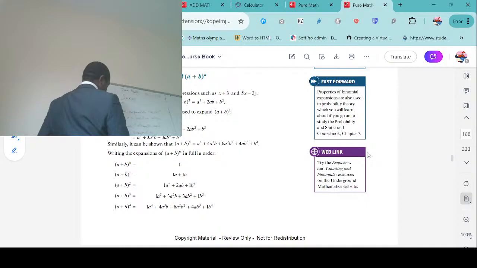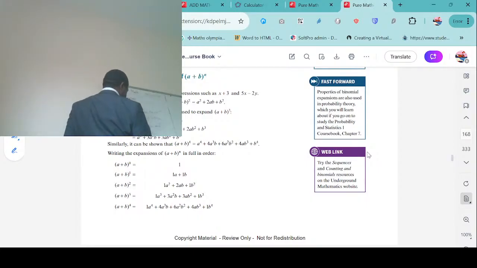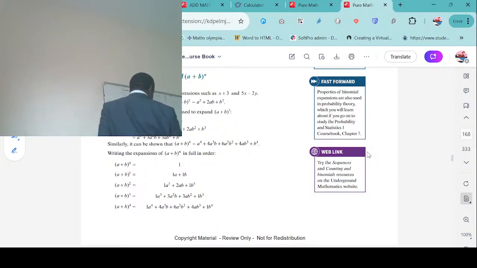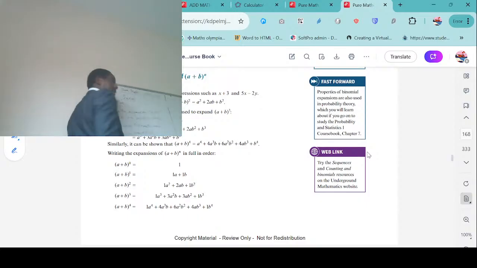For a plus b raised to the power of 4, we have a to the power of 4 plus 4a cubed b plus 6a squared b squared plus 4ab cubed plus b to the power 4. So now let's look at Pascal's triangle. I believe you've learned about Pascal's triangle, right?